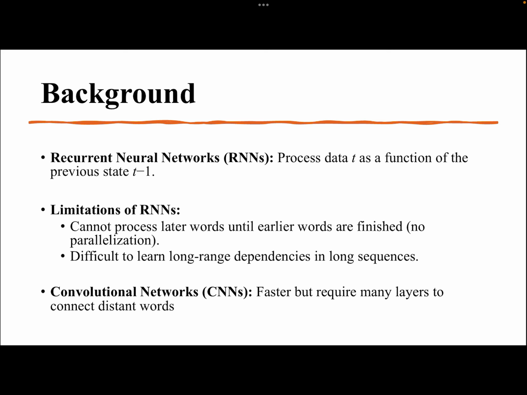So this makes them inefficient for long-range dependencies. So both approaches, CNN and RNN, have a sort of trade-off. RNNs are slow and forgetful. CNNs are faster but still struggle with long dependencies or long-distance relationships. This is why researchers needed a completely new approach.